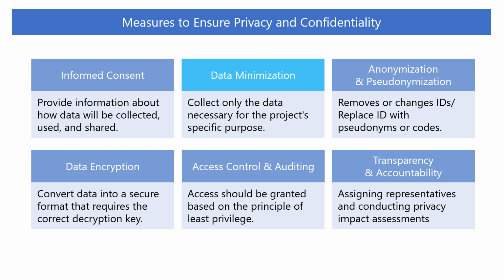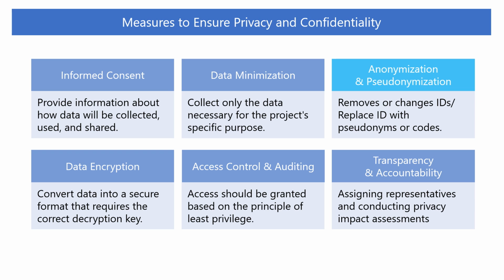The second is data minimization. Data minimization refers to collecting only the data necessary for the project's specific purpose. By limiting the amount of personal information collected, organizations can reduce the risk of privacy and data breaches. The third is anonymization and pseudonymization.